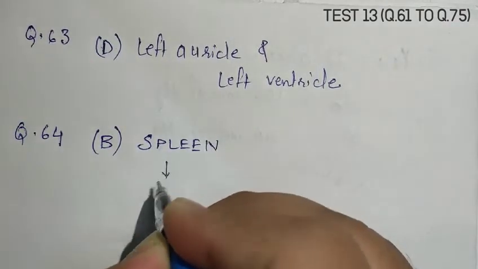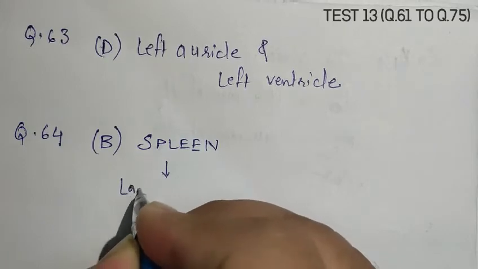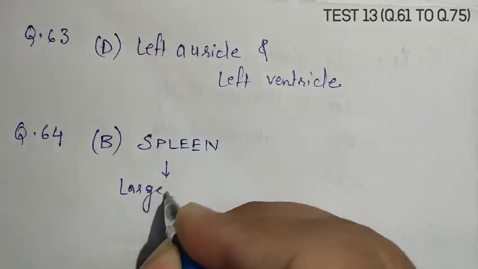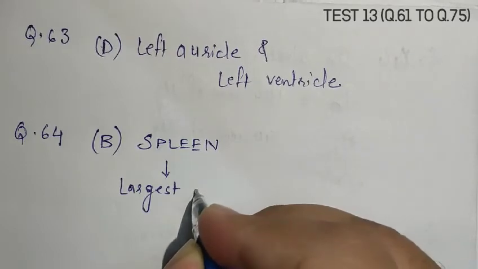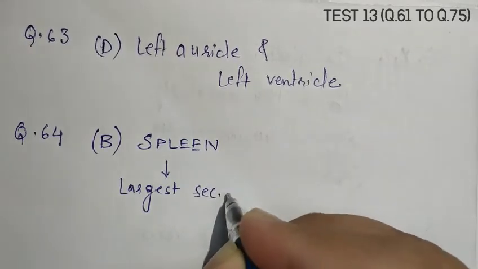Spleen is the largest secondary lymphoid organ.